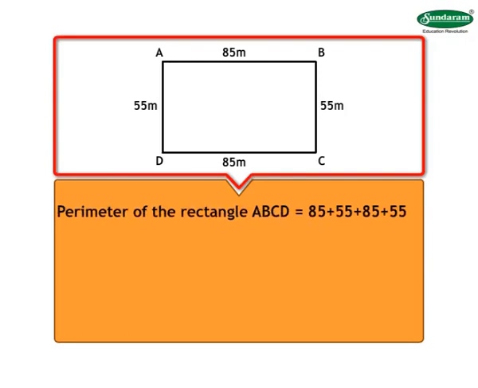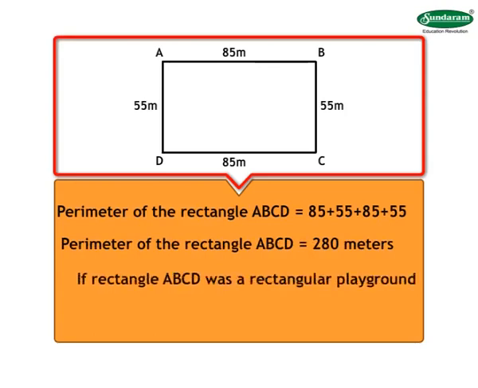Now, perimeter of the rectangle ABCD is equal to 85 plus 55 plus 85 plus 55, which is equal to 280 meters.